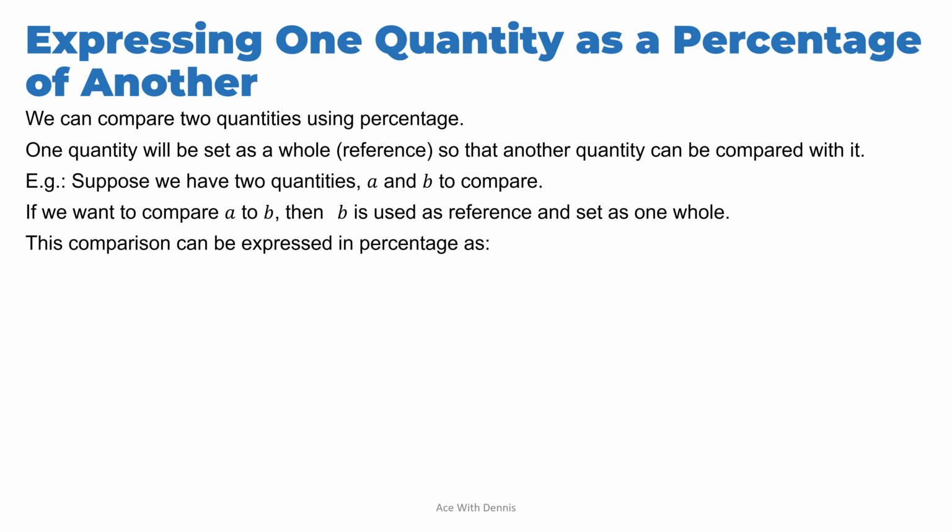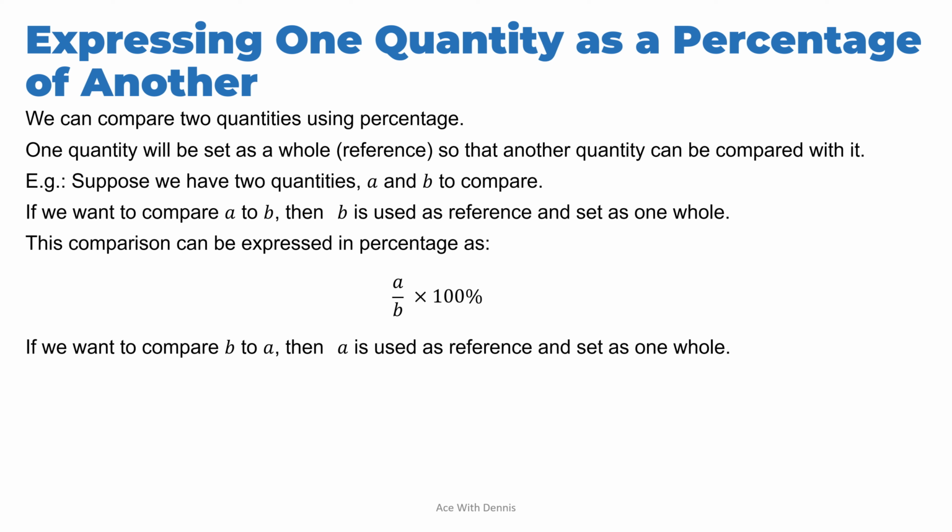This comparison can be expressed in percentage as A over B times 100%. If you want to compare B to A, then A is used as reference and set as one whole. This comparison can be expressed in percentage as B over A times 100%.